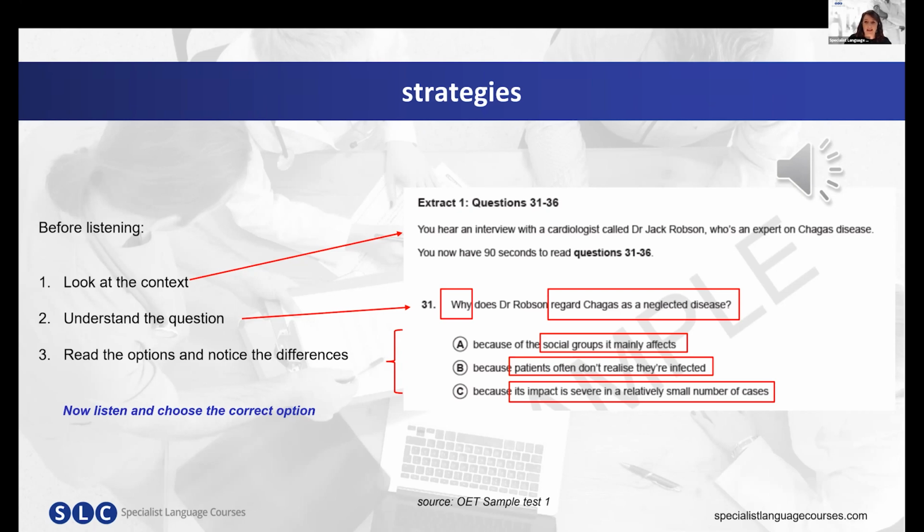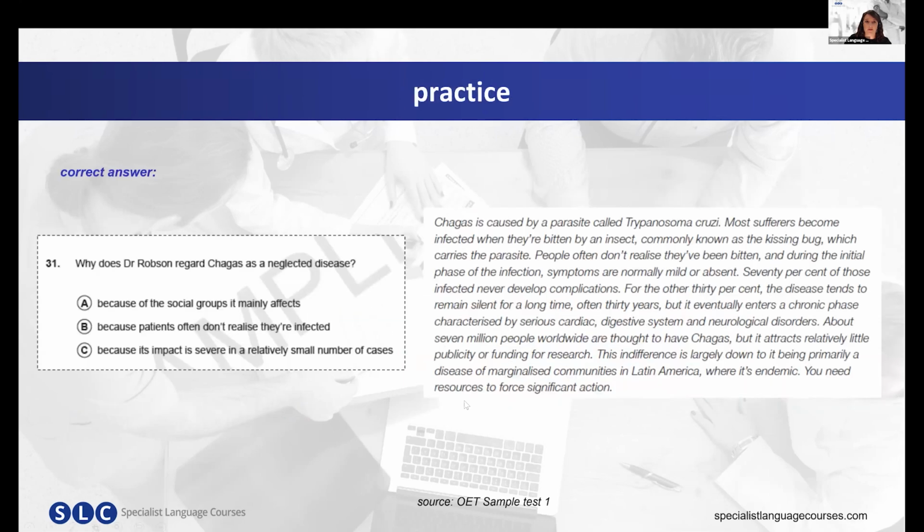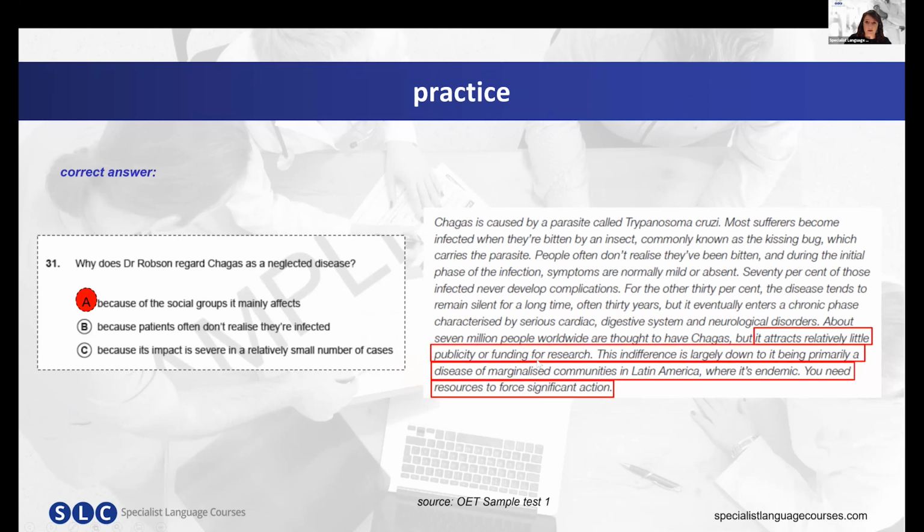Okay, so let's take a look at what our correct answer is. So in this question, our correct answer is in fact A. So let's have a look at why. So remember, we want to know why he thinks it's a neglected disease.